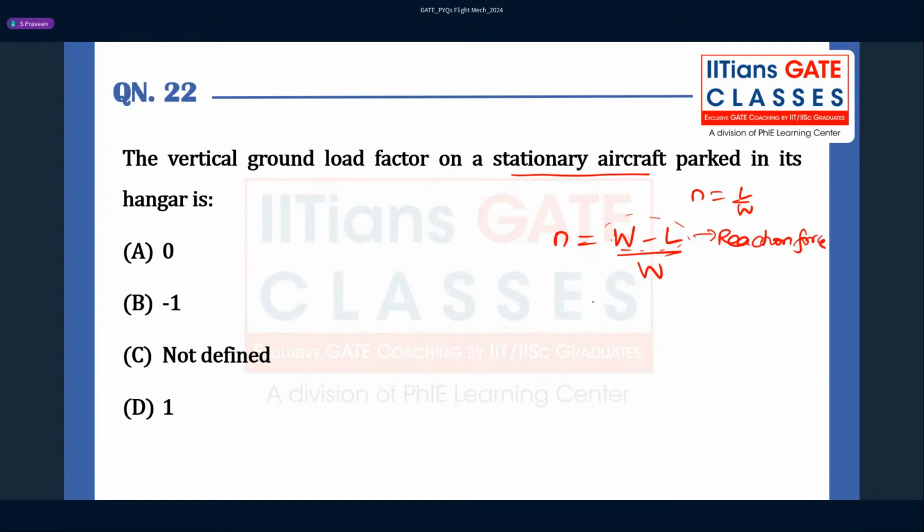So for a stationary aircraft, we know that lift is equal to 0, so hence N is equal to 1. Okay, so this is the thing.